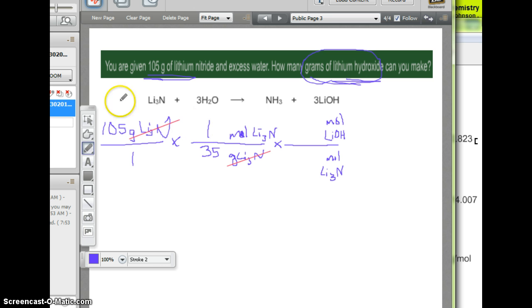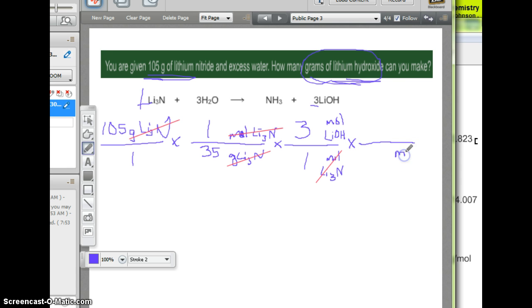Here's where the ratio comes in. Well, I have 1 lithium nitride for every how many lithium hydroxides? 3. Okay, now I checked that I canceled off my previous units. Yes, I did. Okay, what has to go on the bottom of my next fraction?